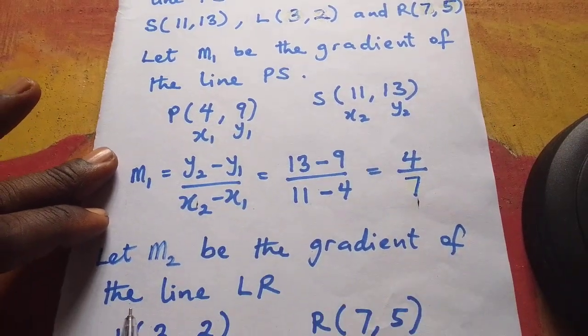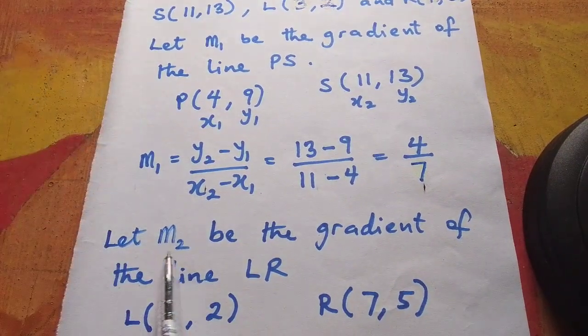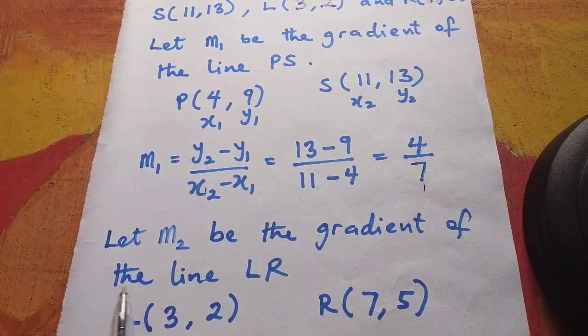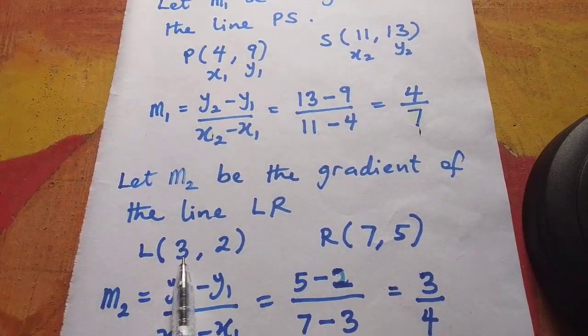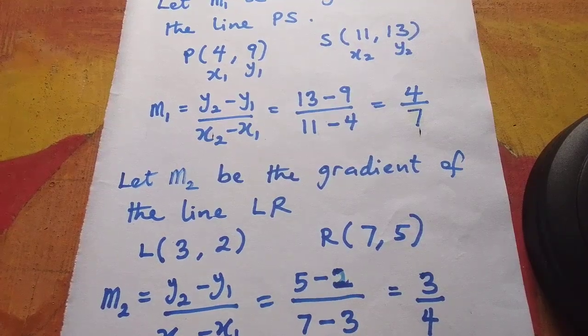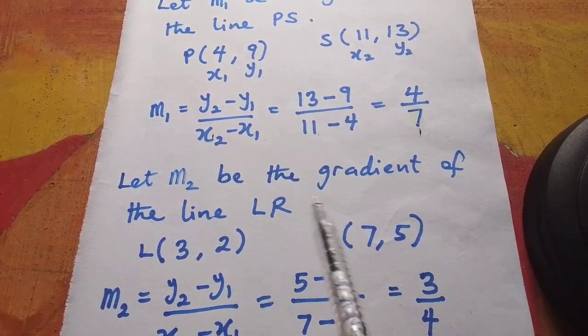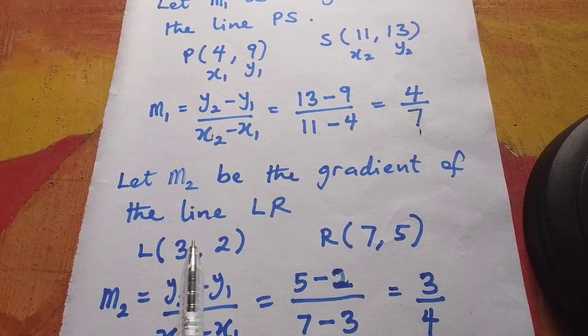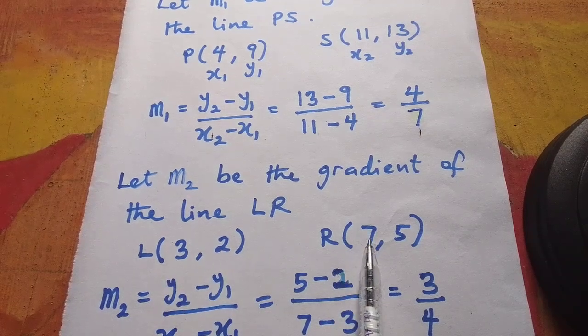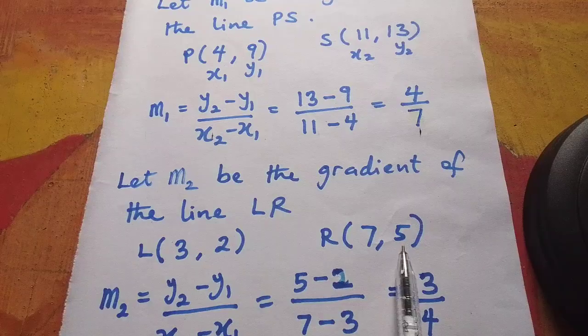Let's now consider m2. Let m2 be the gradient of the line LR. The coordinate of L is 3, 2 and that of R is 7, 5. So x1 is 3, y1 is 2, x2 is 7, y2 is 5.